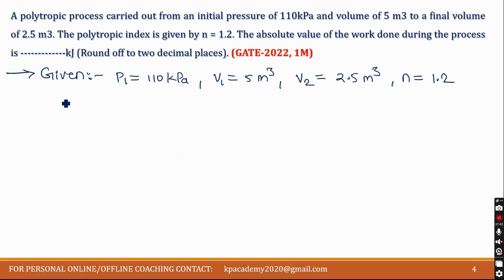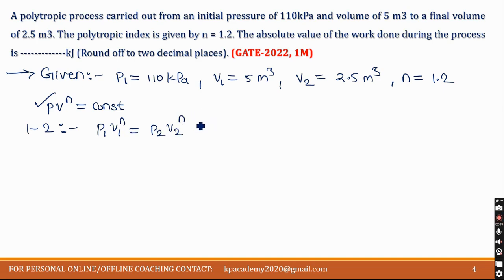Now it is a polytropic process and we know that a polytropic process follows the equation PV raised to n equal to constant. Let's say the process is going from 1 to 2. So for the 1 to 2 polytropic process, we can write P1 V1 raised to n equal to P2 V2 raised to n.